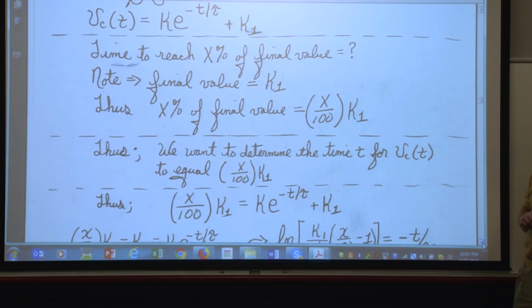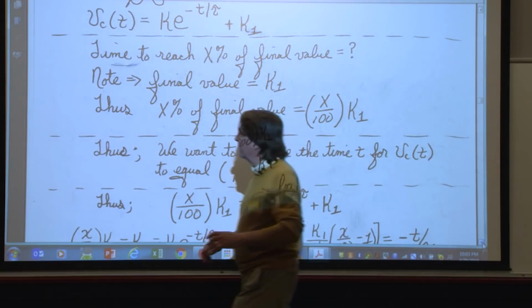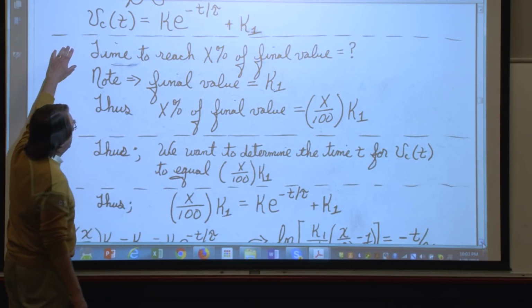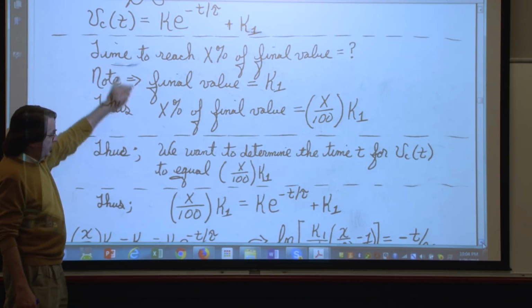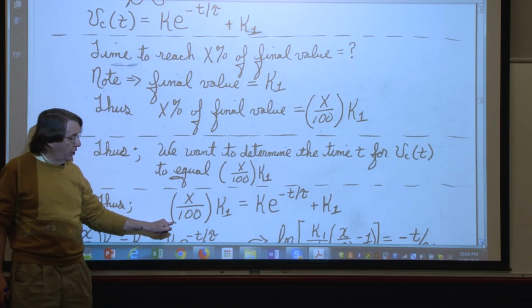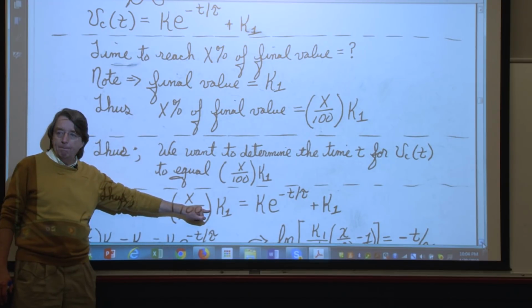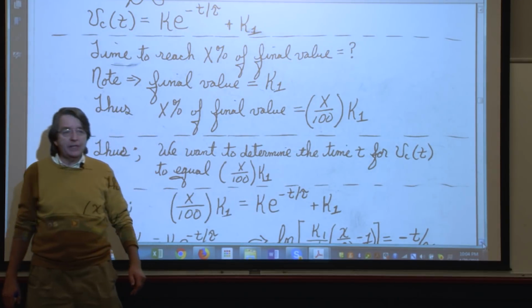So what I do is I set the left-hand side of the equation. See up here? It says V sub c of t is k e to the minus t over tau plus k1. I want V sub c of t to be X% of the final value. That's X over 100 times k1. And this has to equal then k e to the minus t over tau plus k1.